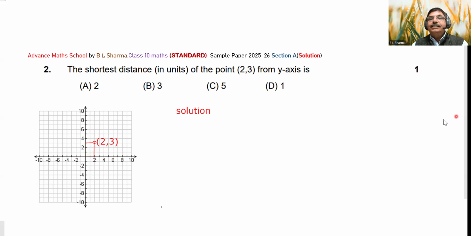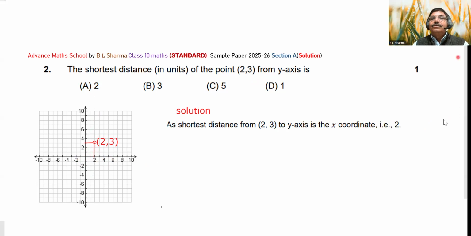So the shortest distance of the point (2, 3) to the y-axis is equal to the x coordinate, and that x coordinate is 2. So 2 is the correct answer.